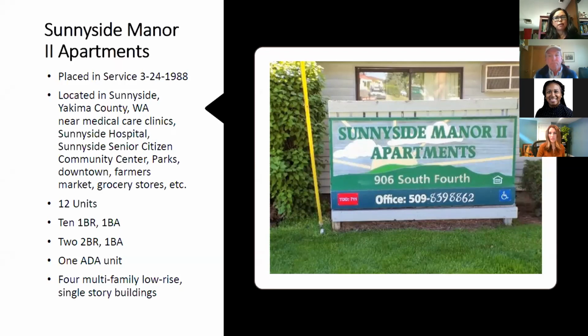Okay, Sunnyside Manor Apartments. We'll share a little bit of a description of this project. This project was placed in service in 1988, or about 33 years ago. It's located in a very small rural town in central Washington with about 17,000 population, and it is mainly supported by the agriculture industry.